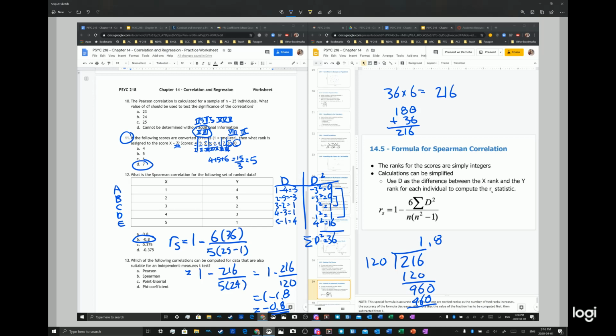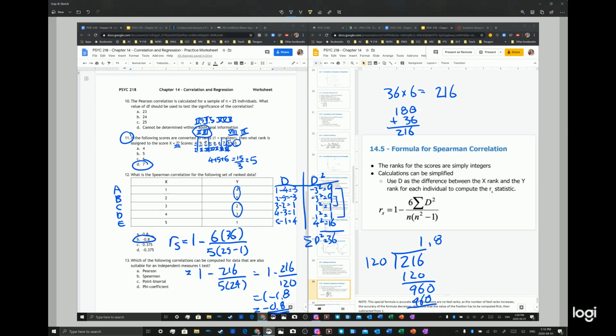So looking at this, you can just double check quickly with your data. Look at this. As the ranks go up from A to E in your X column, as the person scores higher in X, you're going to see the person scoring lower in Y. So you still get your 4, 5, and 2, 3 over here.